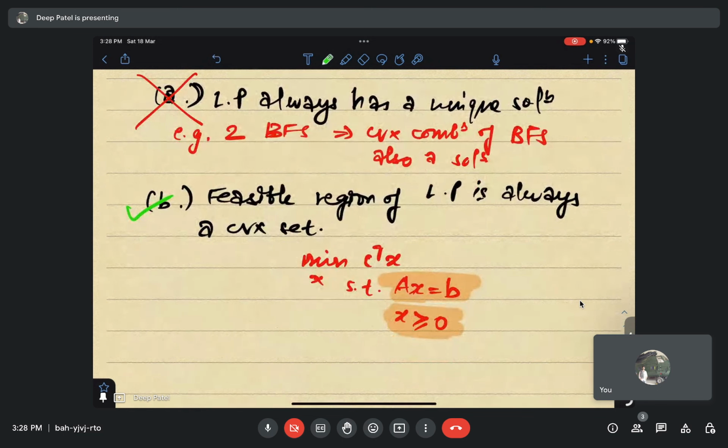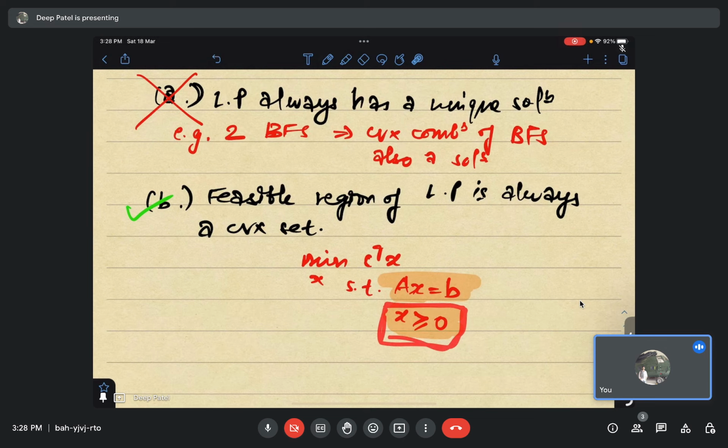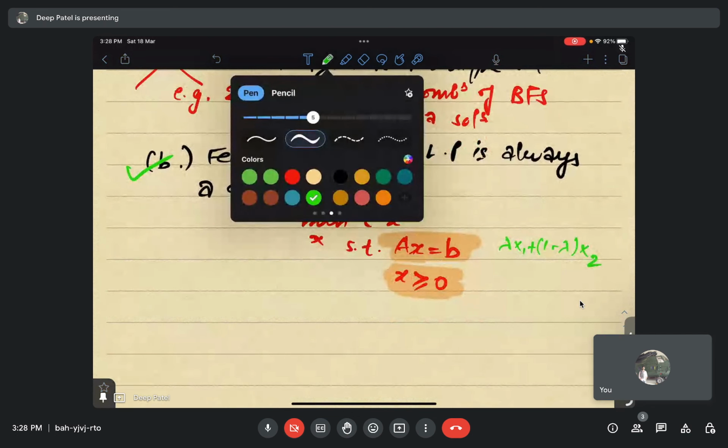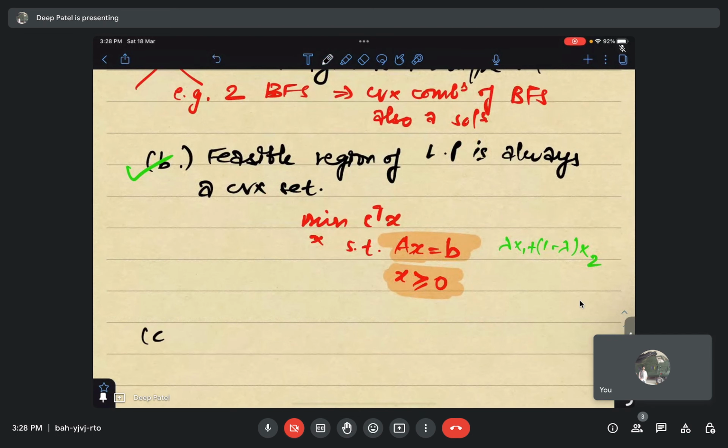The x greater than or equal to 0 is the non-negative orthant. This is just a linear system of equations. So instead of x, we can put lambda x1 plus 1 minus lambda x2, and from linearity it will satisfy the constraints. That is the convexity definition.